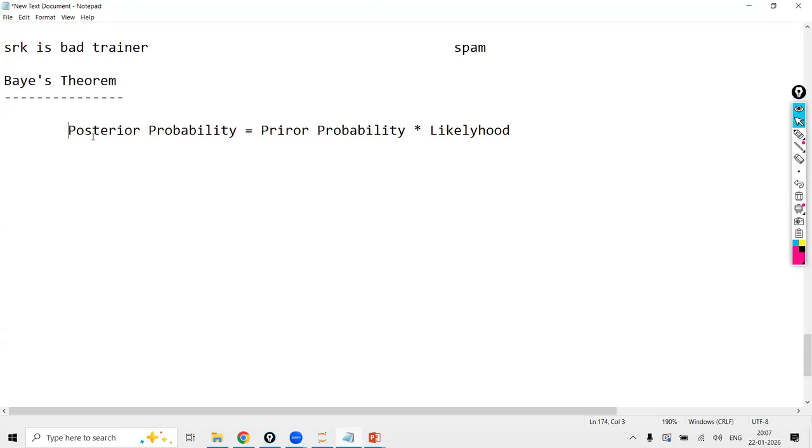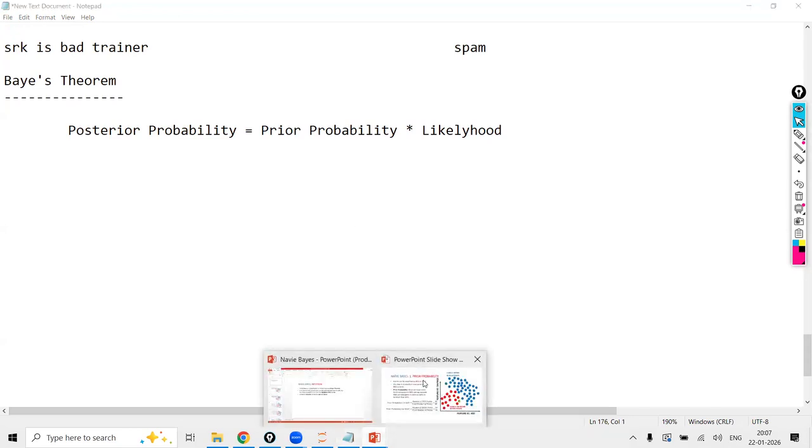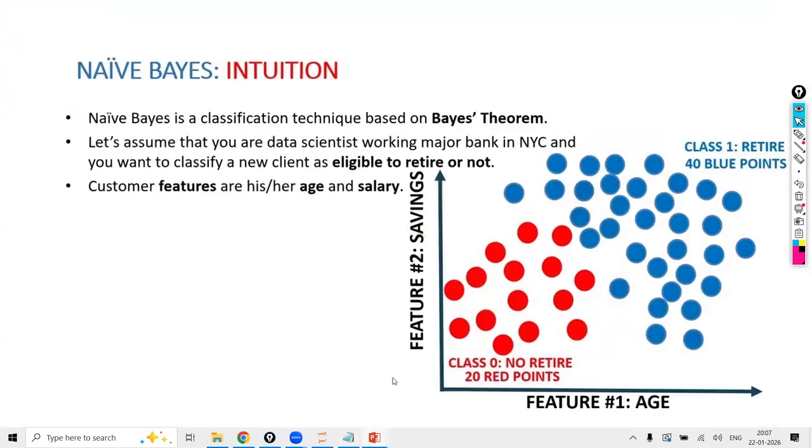Prior probability means before starting. Now, if you take the given data set, how many points are there in total? First tell me the total number of points. 40 plus 20: 40 blue points, 20 red points. Total is 60 data points. Data points means values. 60 values are there.